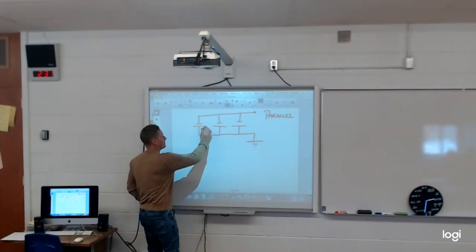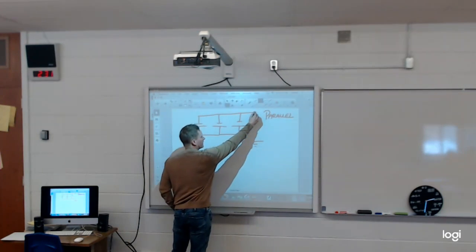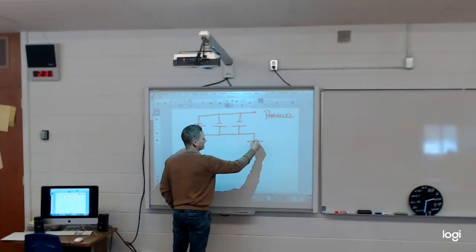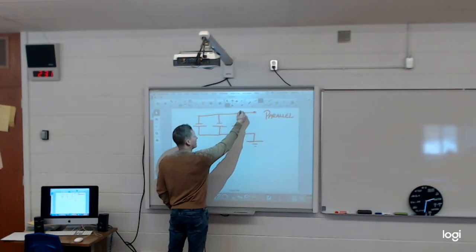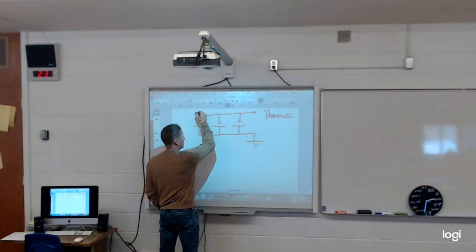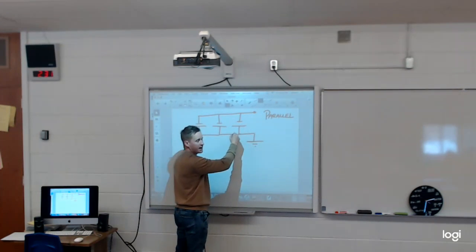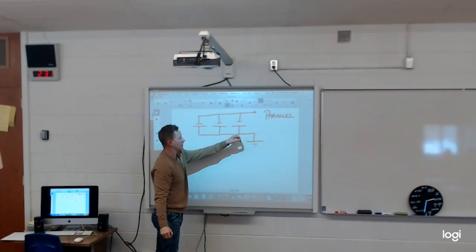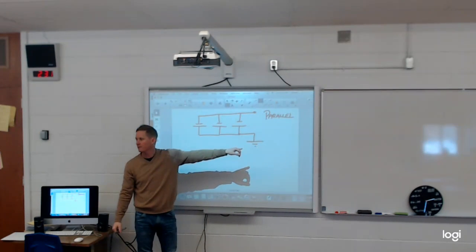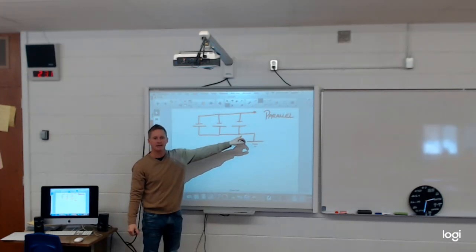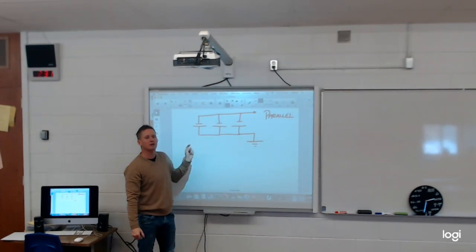So if this guy burns out, the electrons are flowing from here down through to here. They can go this way, they can go this way, they can go this way, and down and down and down. They would come back together, they would meet up, and the total amount of electrons would come back together right here. Now, they have alternative routes to go.